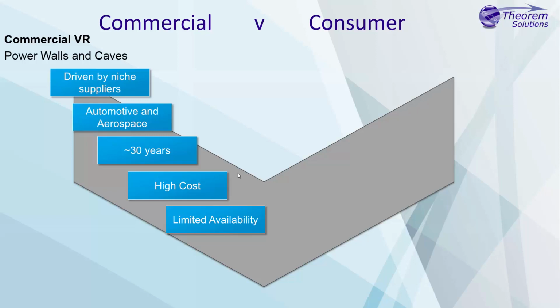The power walls and caves tended to start for £250,000, euros or dollars, whichever currency you wish to choose, of that sort of order of magnitude, and go upwards. Some companies have spent several millions. It's not unusual to hear of that. And so you've got quite a costly device, costly to run, and which is probably unique in that organisation. And so if it's just the one, then it's got limited availability for the majority of people to use it.